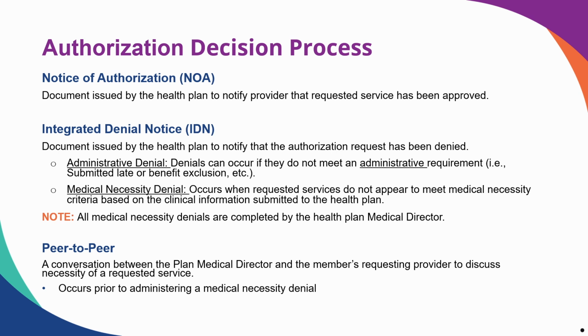An administrative denial occurs when the authorization request did not meet one or more of the administrative requirements, such as late notification, missing or incorrect demographics, or benefit exclusions. Medical necessity denials occur when requested services do not appear to meet medical necessity criteria based on the clinical information submitted to the plan, or cannot be validated based upon the information provided.